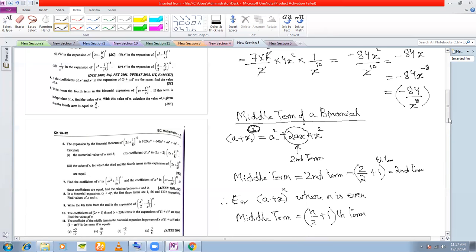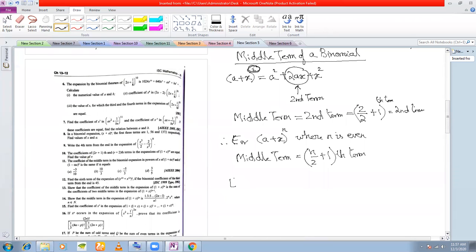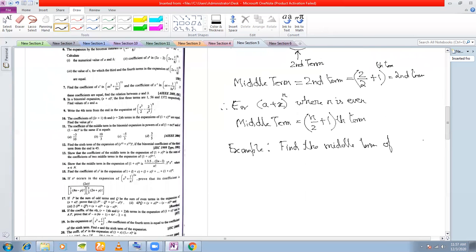Okay, so for example, if I take an example here and say find the middle term of (2x square plus 1 by x) whole to the power of 26. Then how will you find out the middle term?